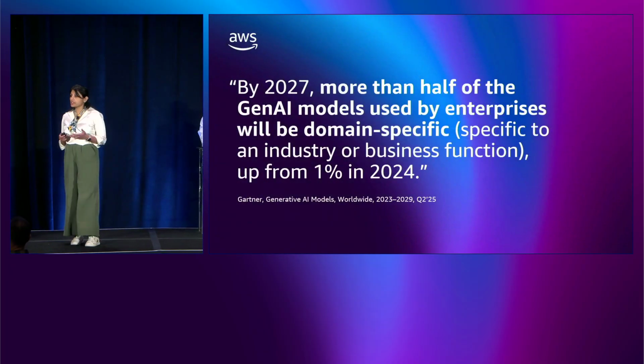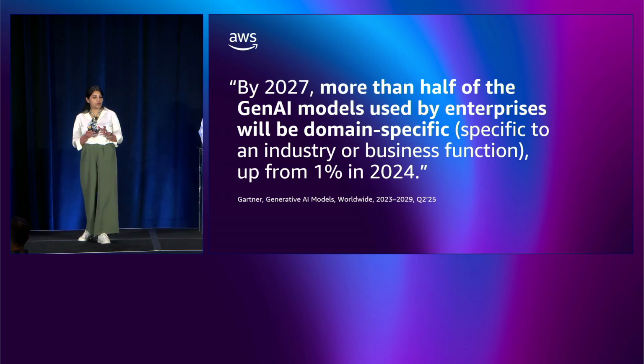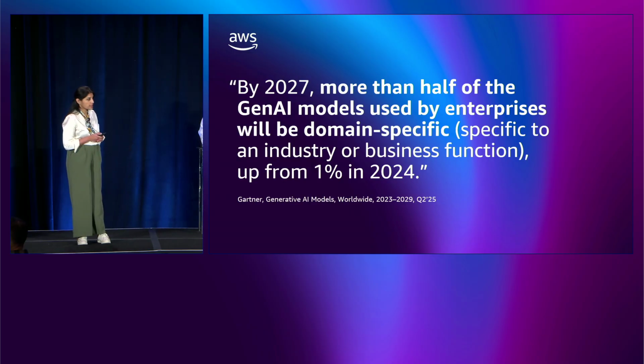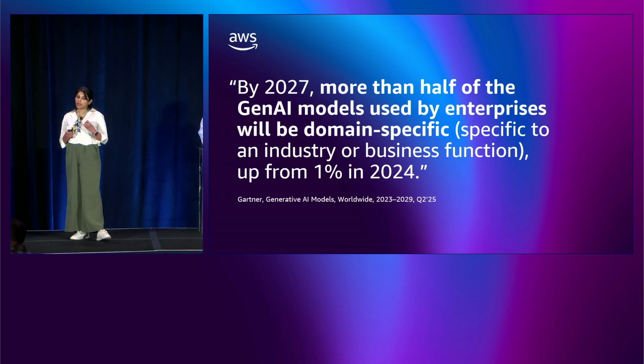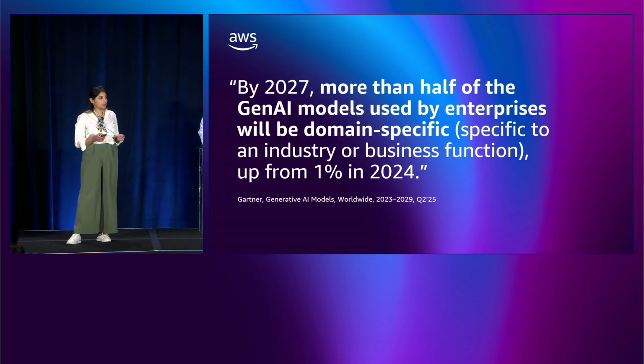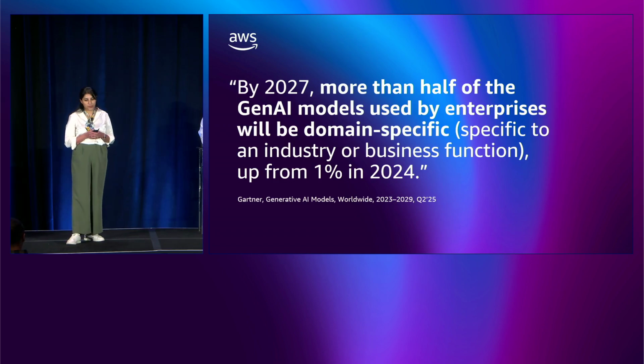All right, so with that introduction to the Nova family of models, let's dive deeper into why we need to customize them. So Gartner predicts that by 2027, more than half of the GenAI models used by enterprises will be domain-specific. The one-size-fits-all approach of these general-purpose models will not be sufficient for your specialized needs.